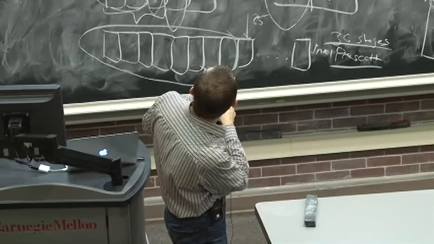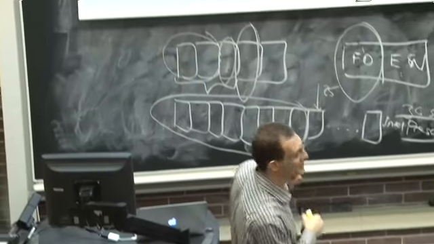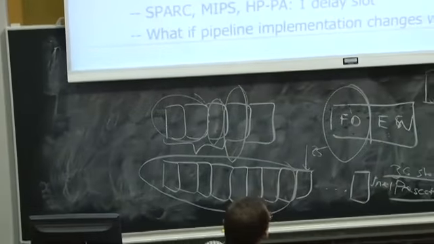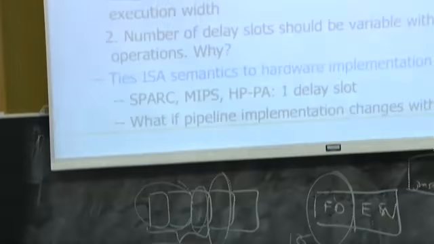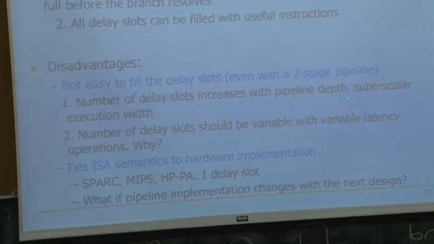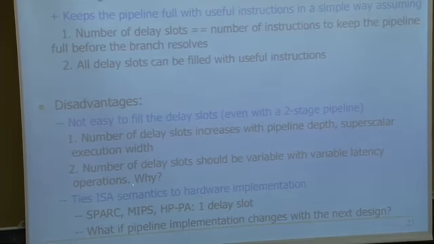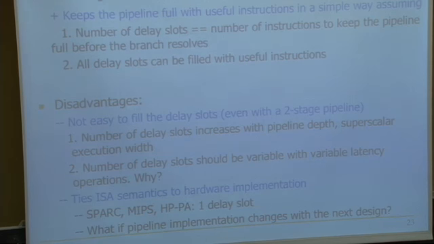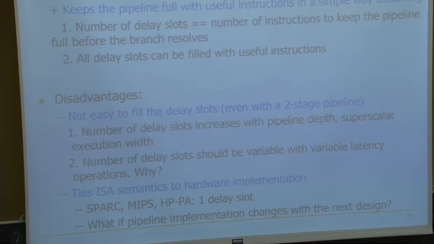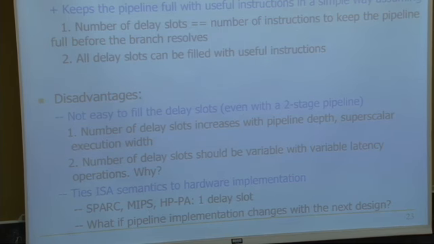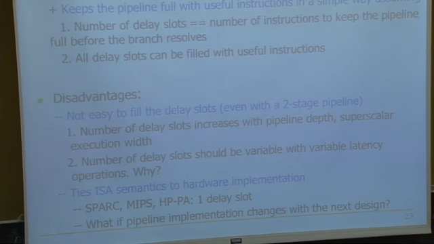The other disadvantage is it's not easy to fill the delay slots, even with a two-stage pipeline. And it becomes worse as you increase the pipeline depth. And your number of delay slots should really be variable with variable latency. Right? And this will become more clear when we talk about out-of-order execution. If you're executing instructions out of order, then this becomes even more of a nuisance because your branch resolution latency is not constant.